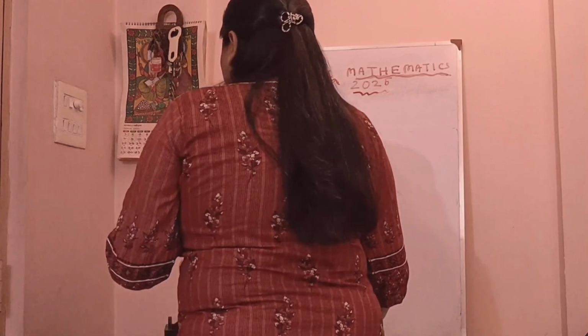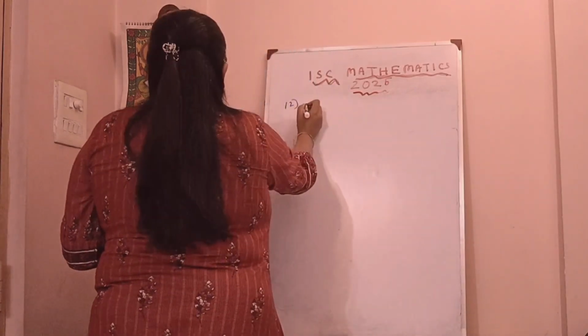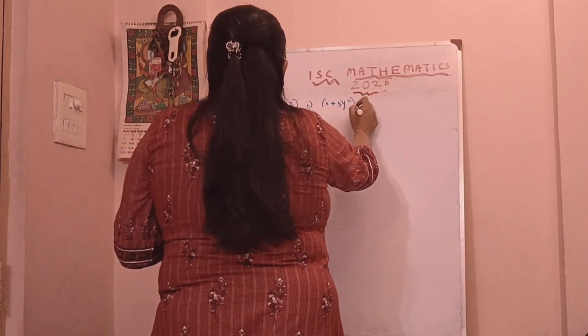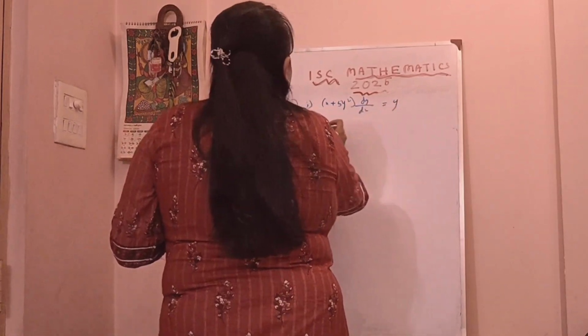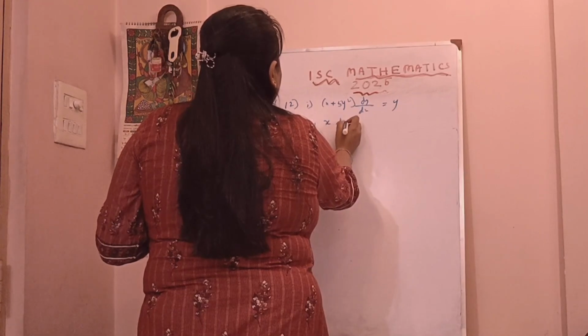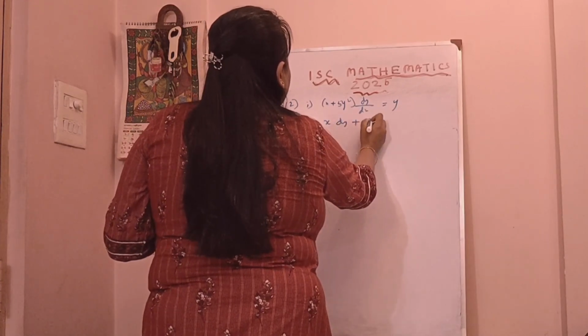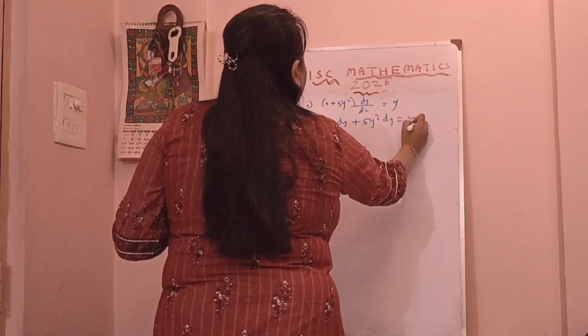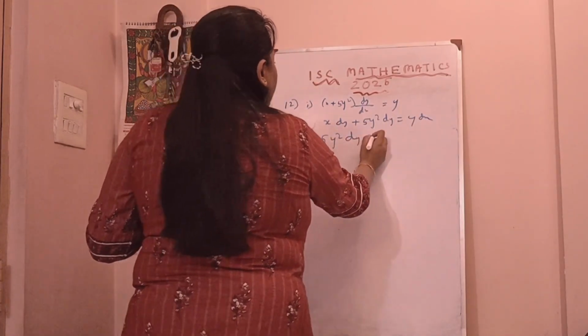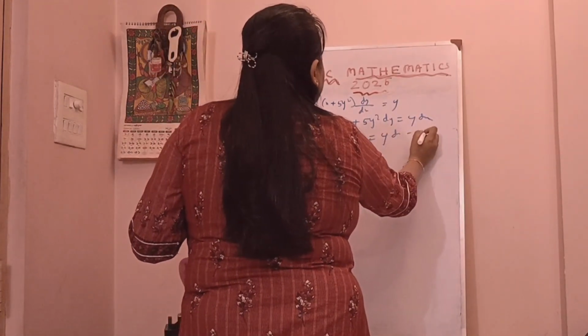Question number 12, part 1. (x + 5y²) dy/dx = 1. So it should be x dy + 5y² dy = y dx. So 5y² dy = y dx − x dy.